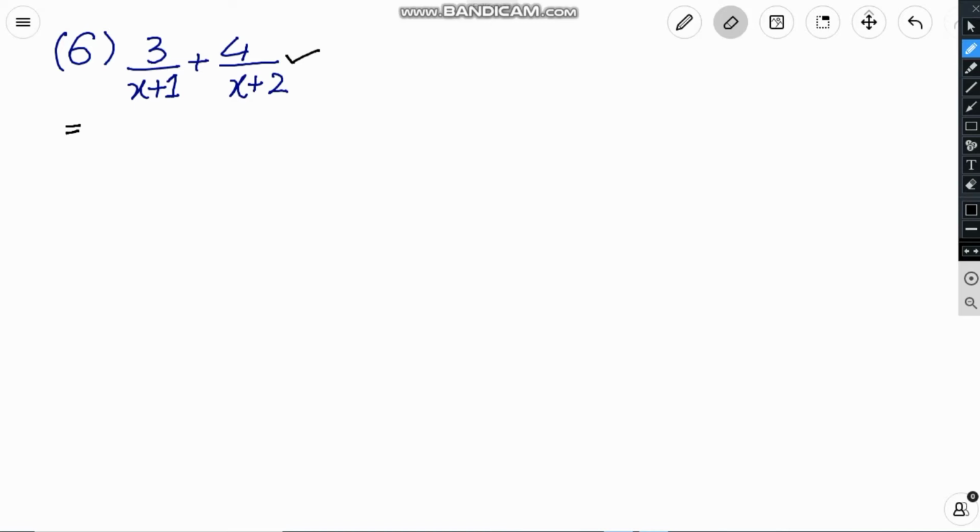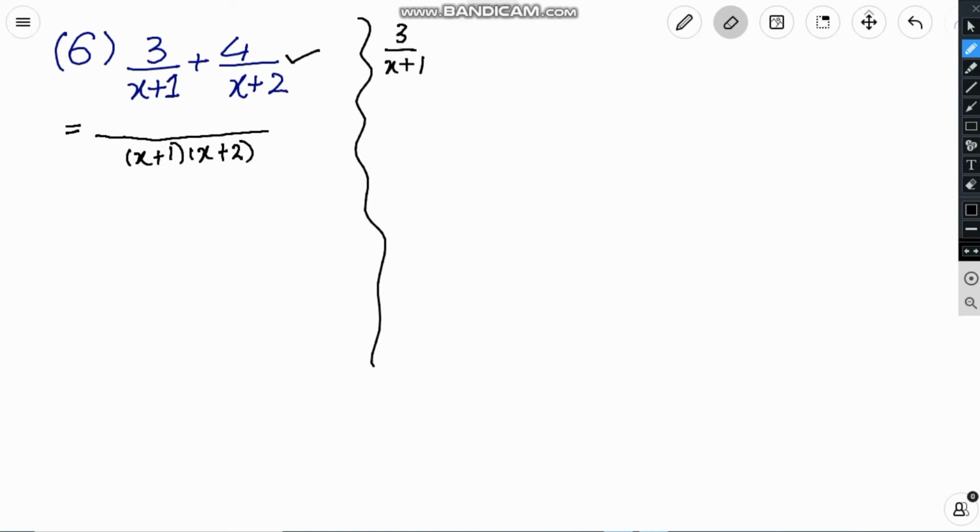So just start solving it. As the denominators of these two fractions are different, put a line here and put x plus 1 and x plus 2. As usual, take the first rational expression, that is 3 by x plus 1, and multiply it with the polynomials written here, that is x plus 1 and x plus 2. x plus 1 is cancelled with x plus 1.